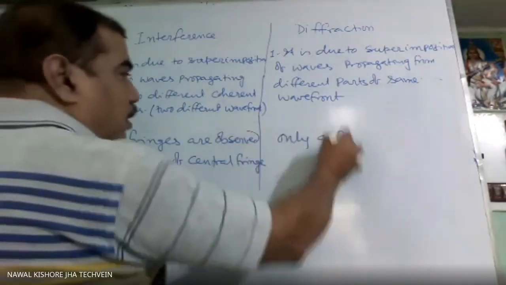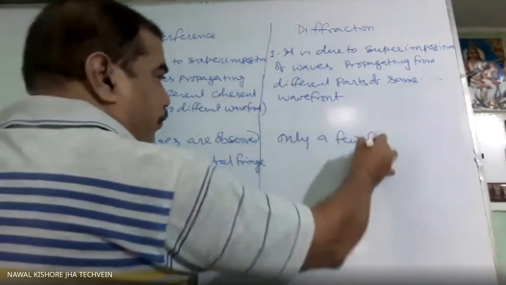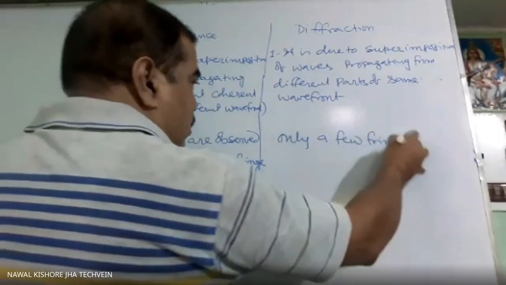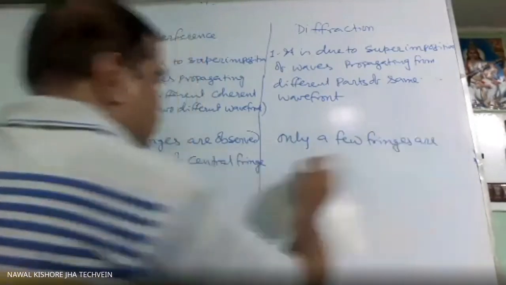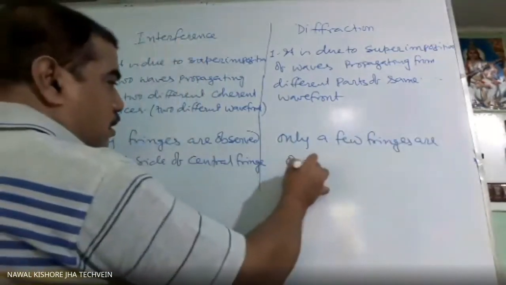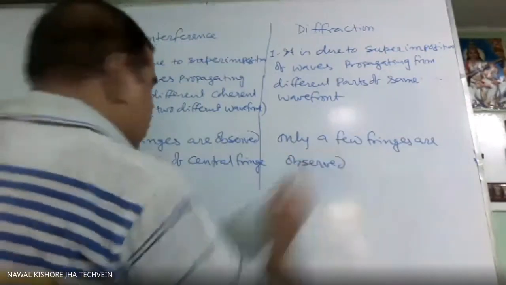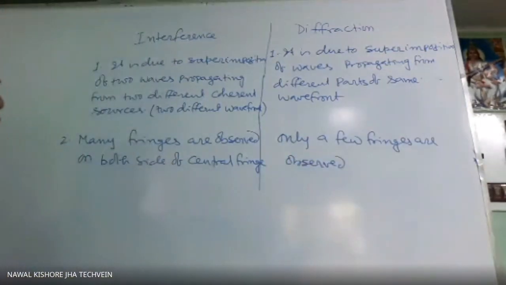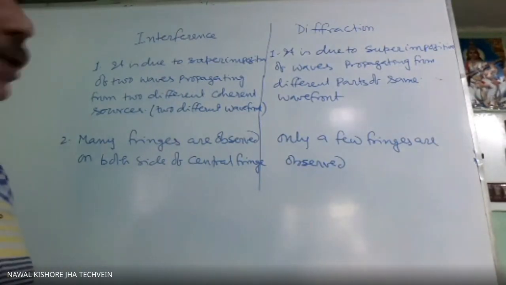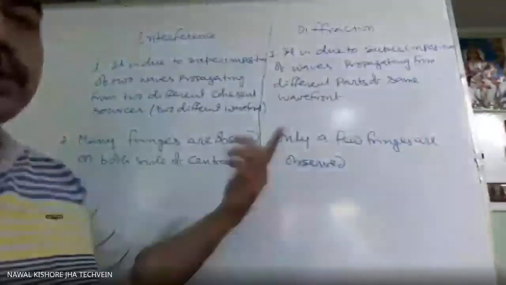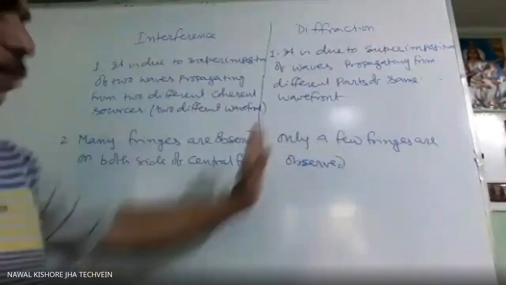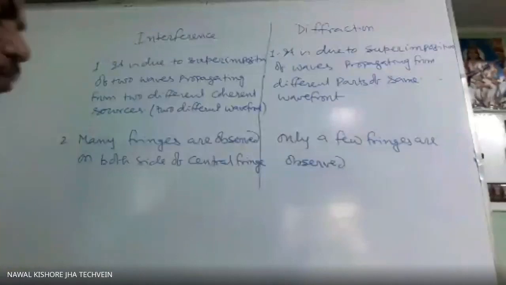Here, only a few fringes are observed. If it is single slit, then both sides of the central fringe. If it is straight edge, different conditions there. But the number of fringes will be very few.